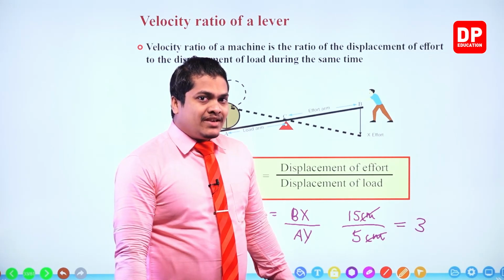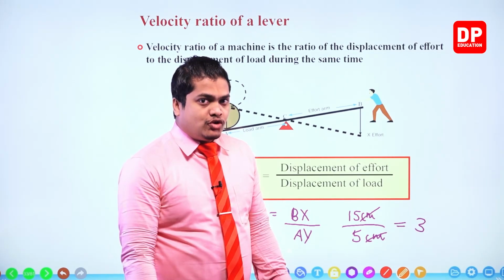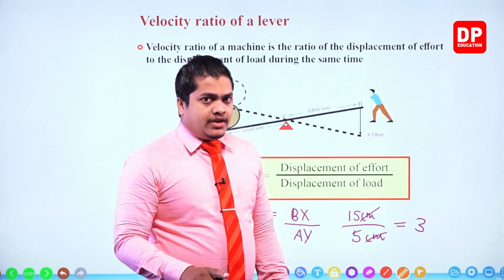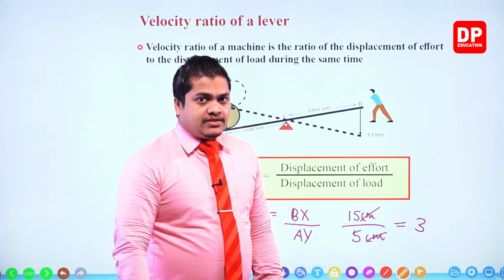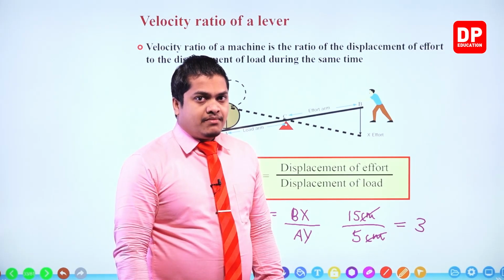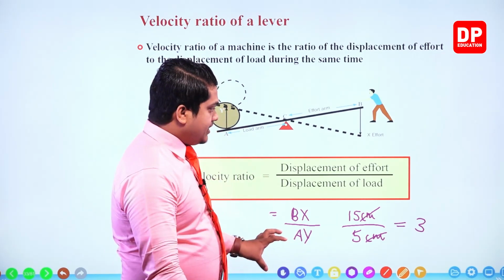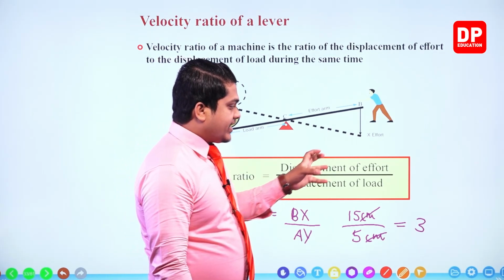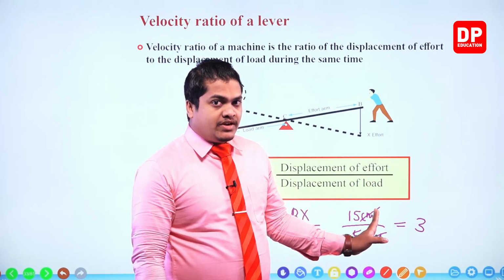Within a ratio, my dear children, we won't be able to observe units. So always remember, ratio means there are no units at all. When you divide displacement of the effort by the displacement of the load, you get the answer as just 3. This is just an imagination.